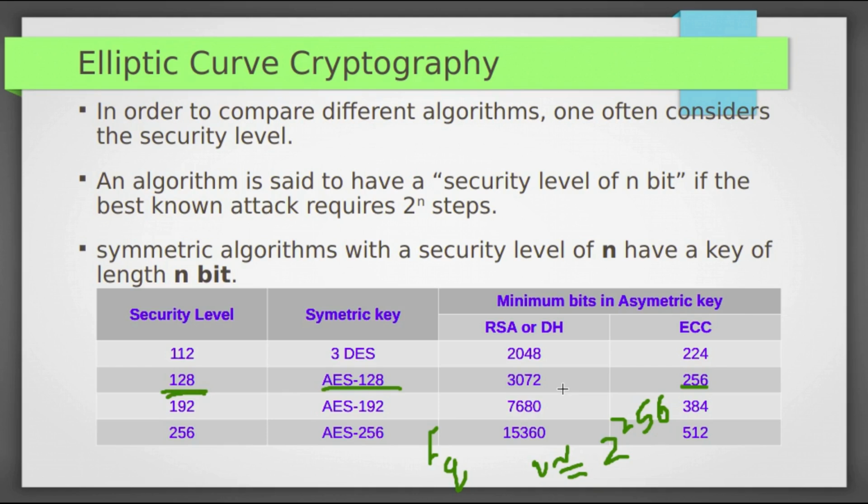But for the same level of security, RSA or Diffie-Hellman requires a 3072-bit key.